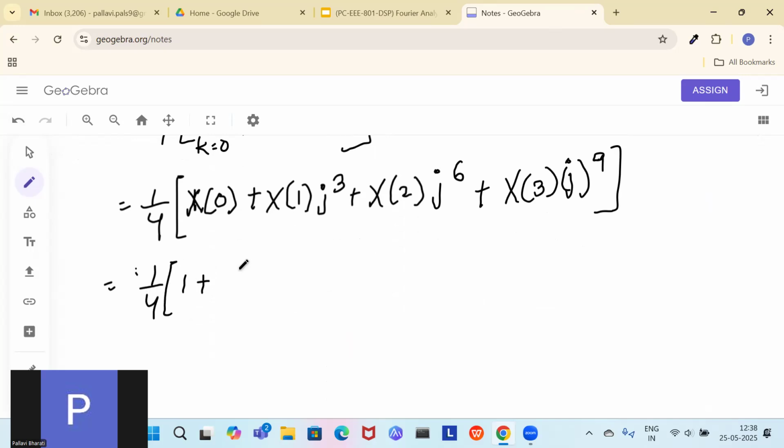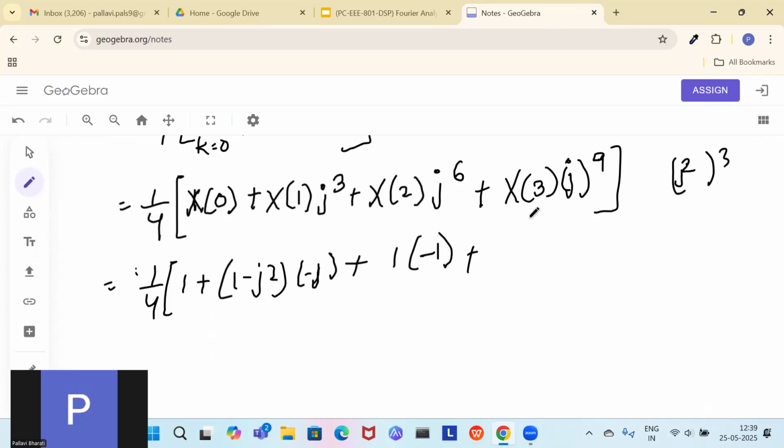For this one, it is given 1 minus j2, and j square is minus 1, so j cube will be minus j. x2 is given 1. j6 is what? j6 is again the same thing, j square to the power 3 means minus 1 to the power 3, that will be minus 1 itself. x3 is 1 plus j2 and this is given as j to the power 9.